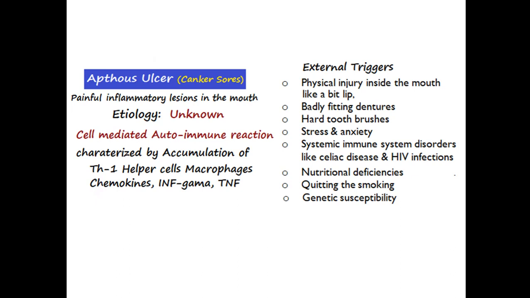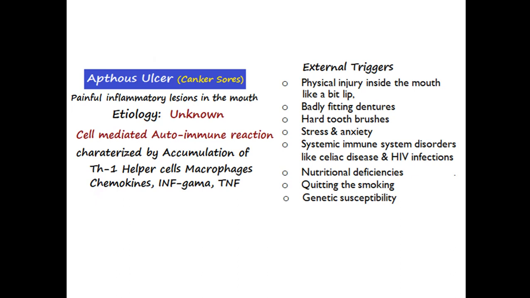For example, celiac disease in the stomach, which is seen in patients with gluten intolerance, and the human immunodeficiency virus that results in AIDS. Some nutritional deficiencies, for example, vitamin A, D deficiency, B complex vitamin deficiencies, protein deficiencies, may also cause Aphthous ulcers.